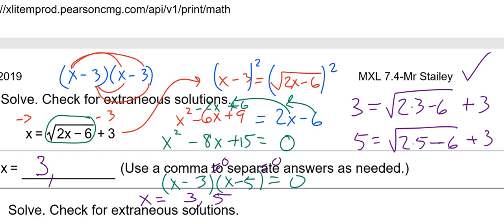So what's under the radical if the right side's 5? 4, right? 10 minus 6 is 4. Okay. So it does work out. Several of you were finding that both answers work. Sometimes one answer will work and the other one won't.